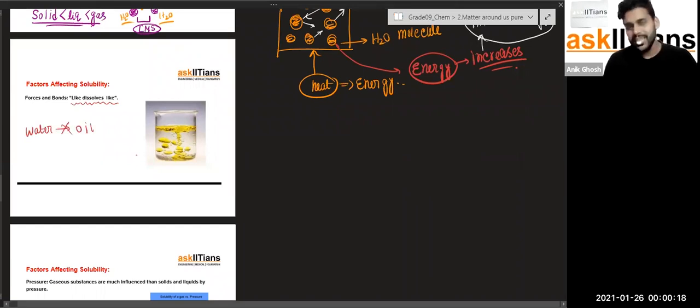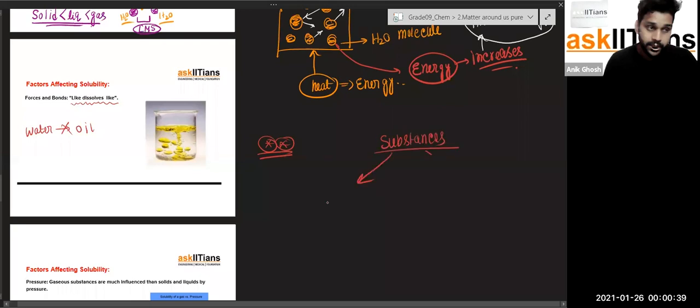Actually, to make you understand, what I can say is there are basically two types of substances. We call them organic substances, or we call them inorganic substances.